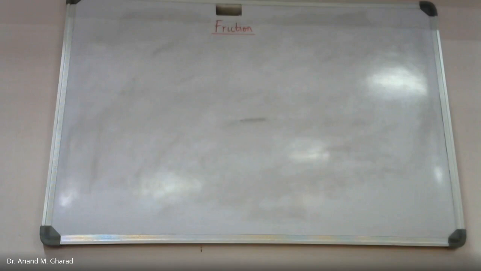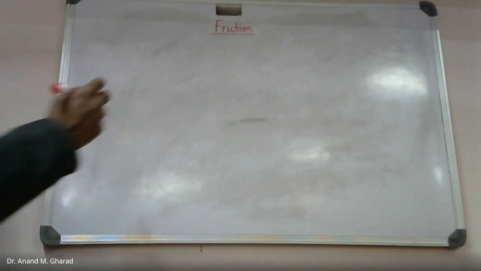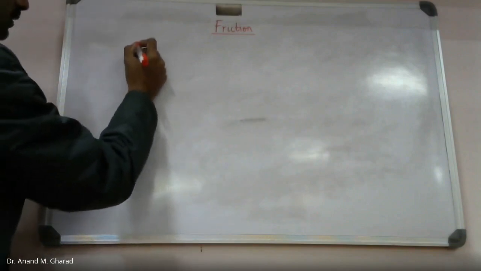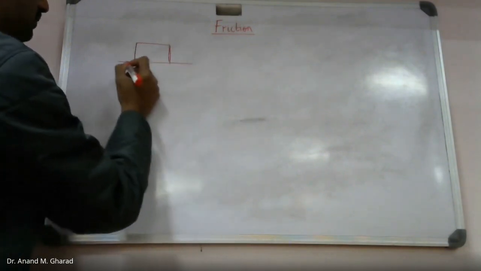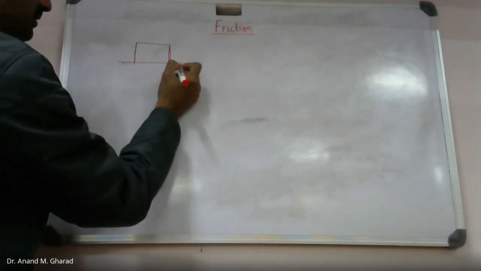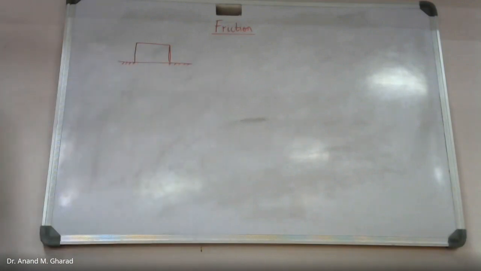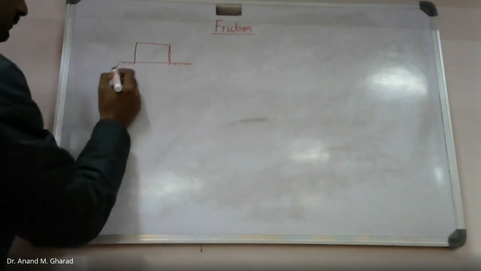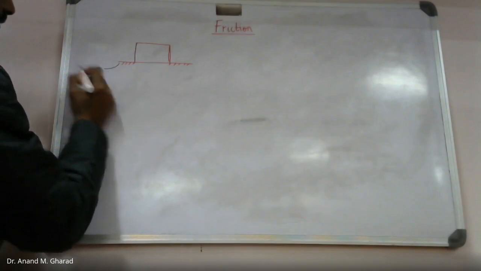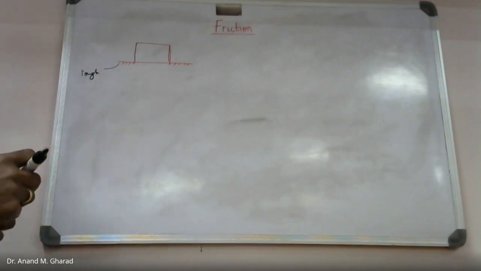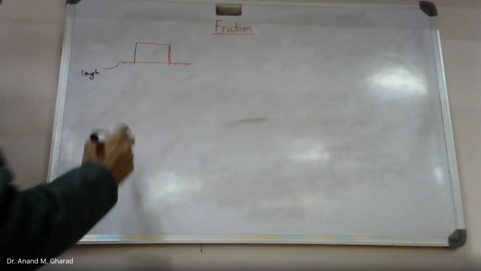So if we talk in terms of a rigid body, let's say this is a rigid body which is placed on some surface. And this surface is necessarily a rough surface. Just take the example of Earth.